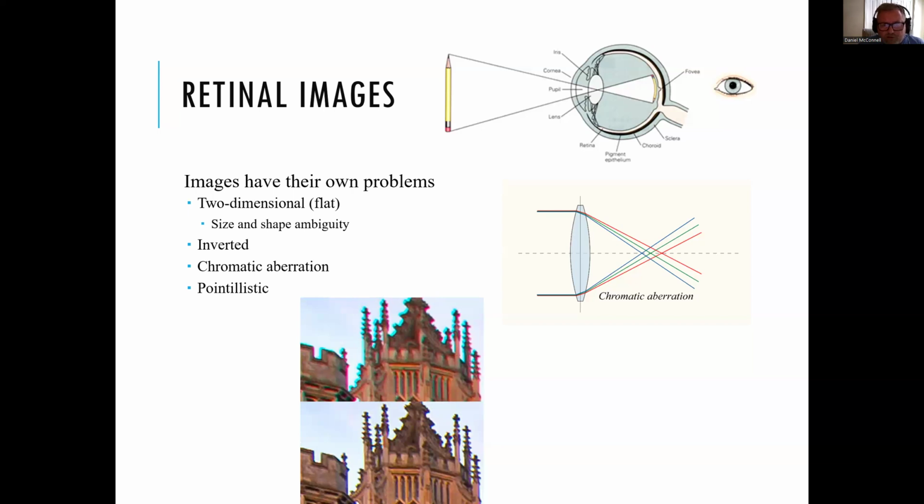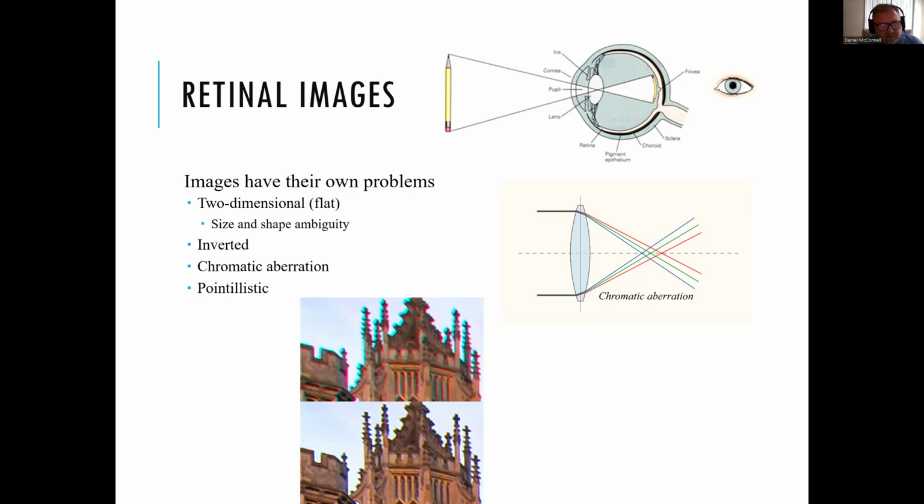And so blue wavelengths, the shorter wavelengths, are bent a little bit more than the longer wavelengths, which includes the red end of the spectrum. And so this is called chromatic aberration because if we bend the shorter blue end of the spectrum a little more than we do the red end, then that means that those light rays are not being brought together at the same point. And this creates what's called chromatic aberration, a fancy way of saying color blur, right?